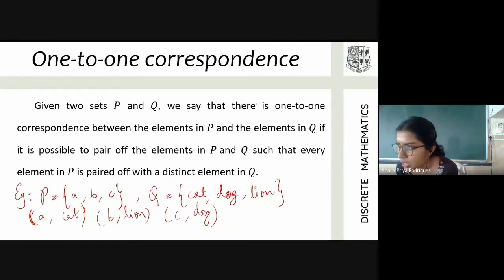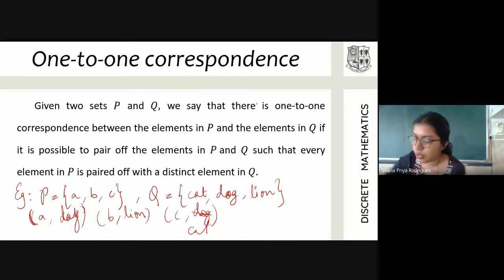Only then when you form pairs, no element will go unpaired in either of the sets. This is not the only pairing that I can do. I could pair A with dog instead of cat, C with cat, and I can leave B with the lion. Even with this pairing, there is a one-to-one correspondence between these two sets. All right?